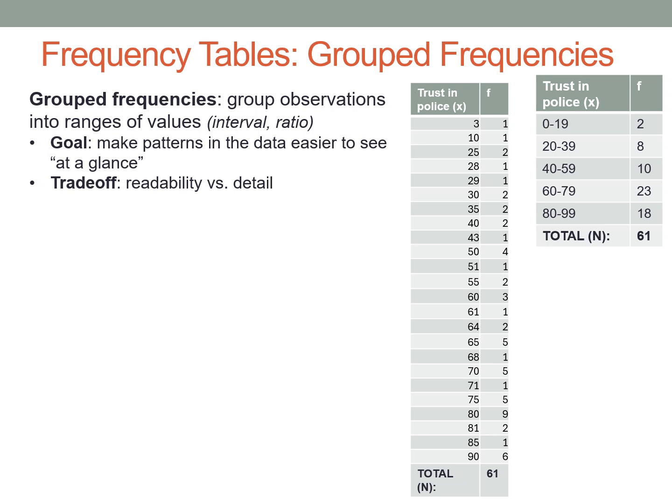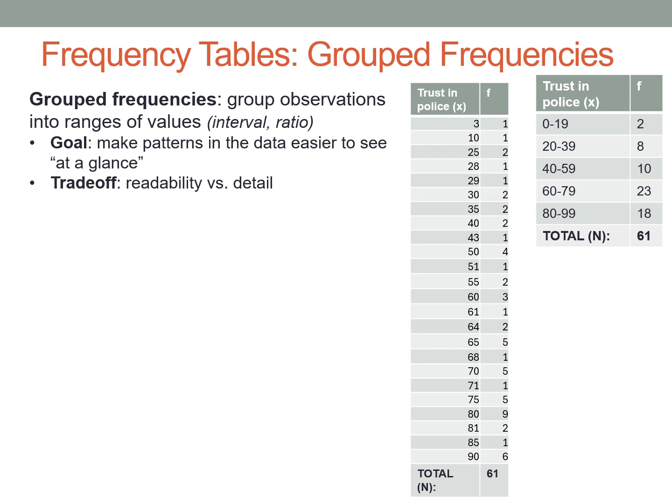So if I break this trust in police variable up into 5 groups, 20 points each, I can see that now the patterns in the data are a lot more evident at a glance. Grouping the values from 0 to 19, 20 to 39, 40 to 59, 60 to 79, and 80 to 99 allows me to see that relatively few students gave answers reflecting low levels of trust.